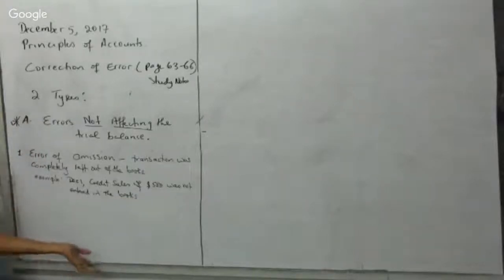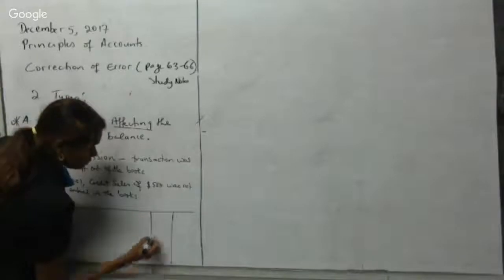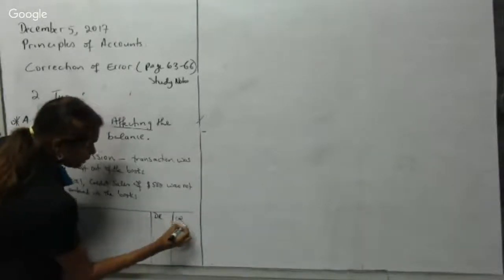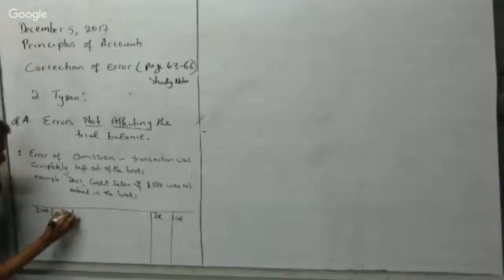It could be anything, as long as it was not recorded. So there was no debit entry, there was no credit entry, which means that it is an error of omission. And all you need to do is to record it now for the first time. So your journal is going to show your debit, your credit, your dates, your details.